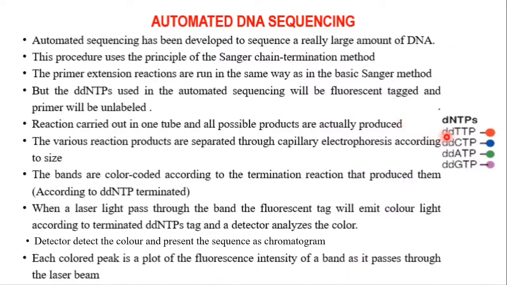For example, ddTTP is marked with red fluorescence, ddCTP is marked with blue, ddATP is marked with green, and ddGTP is marked with violet.